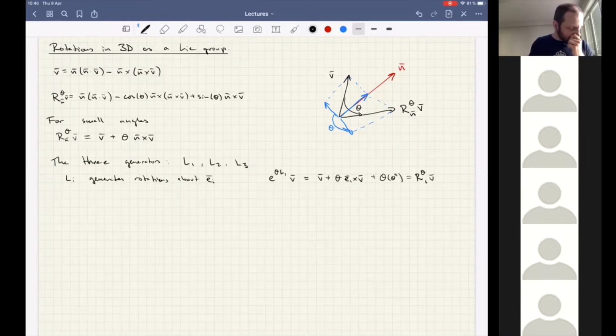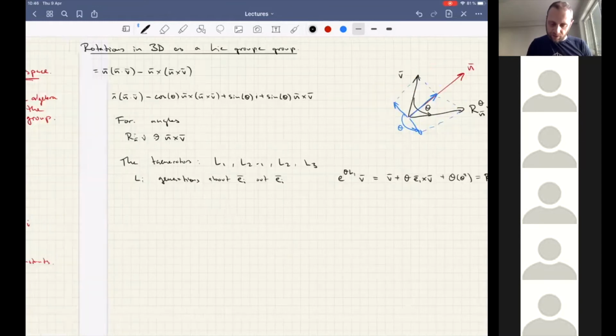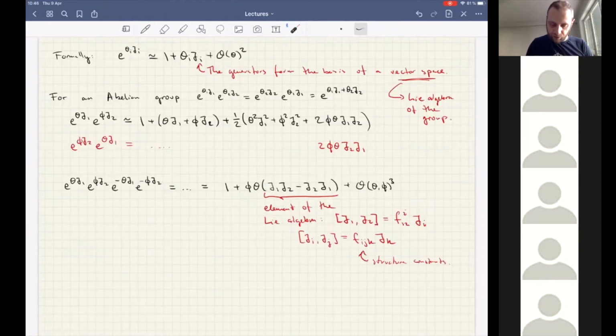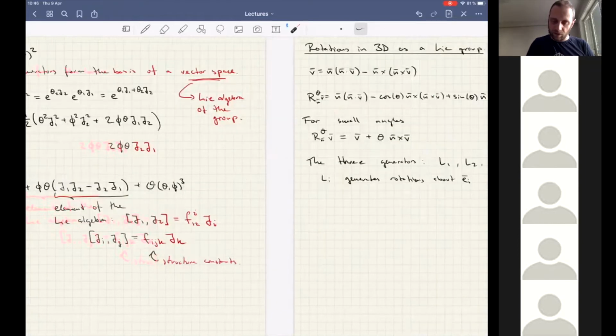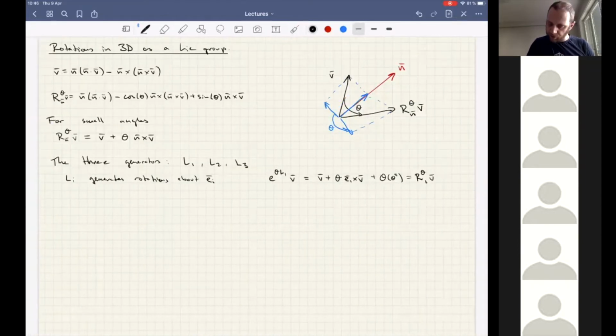So what do we do with this? Well, we wanted to have the commutator between rotations, so we're going to look at something like this. What we want to write down is R_1(theta), R_2(phi), R_1(minus theta), R_2(minus phi), and we want to know its action on v.